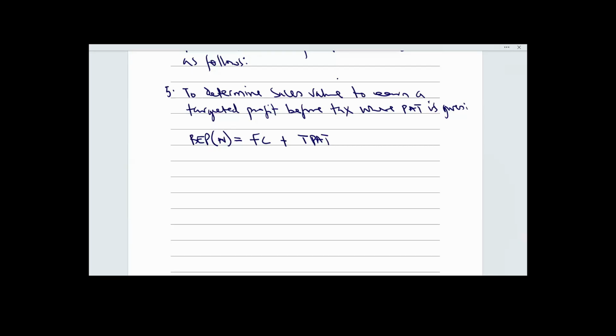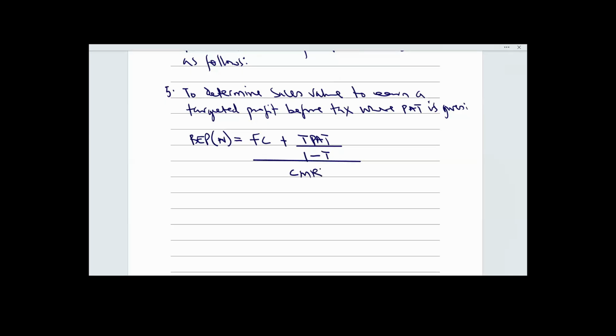Therefore, you divide the targeted profits after tax by 1 minus tax rate. When you divide profit after tax by 1 minus tax rate, it will be converted to profit before tax. Whatever you have thereafter will be profit before tax. You then divide by CPU or CMR.